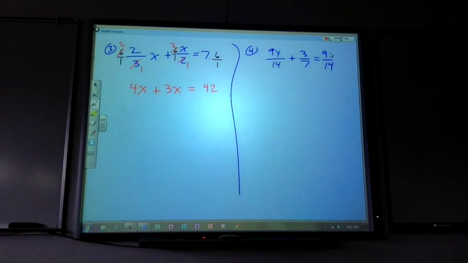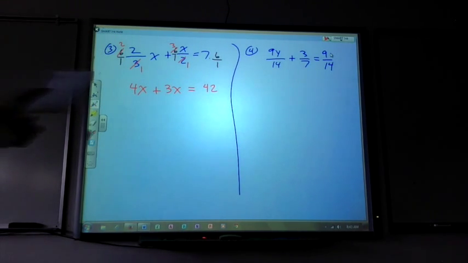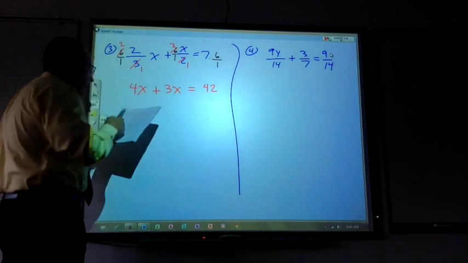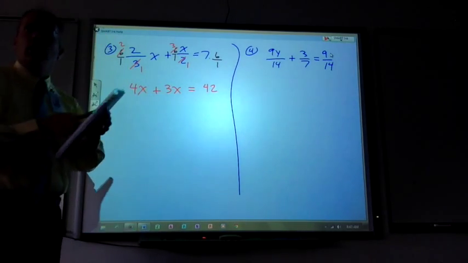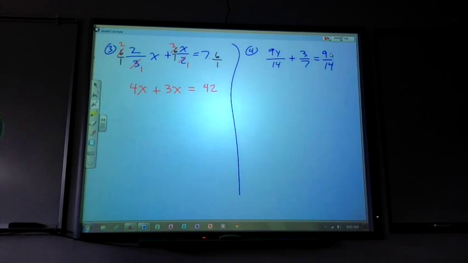Isn't it 2 over 3x minus x over 2? Is the minus sign in there? Oh, it was a plus sign right here. Did I see it wrong? No, it's plus to minus. Do you all have subtraction? No, I have addition. Problem number 3? He does have subtraction. Really?